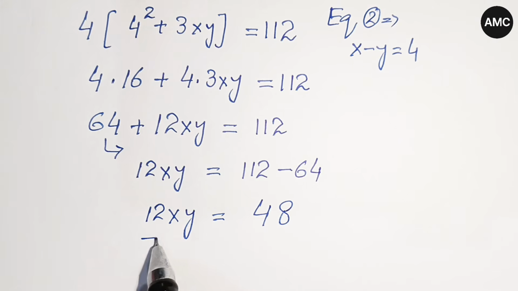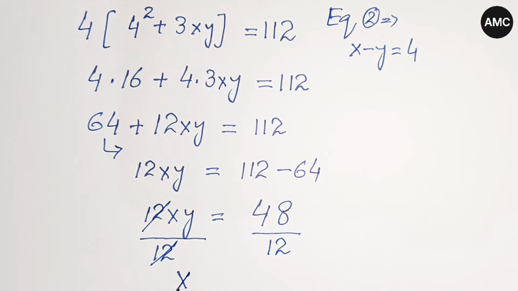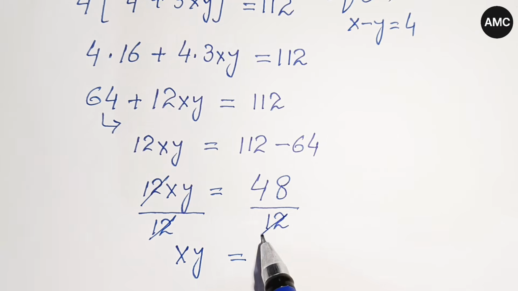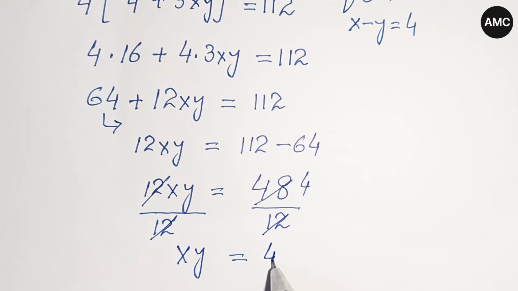If we divide the left hand side by 12 and similarly the right hand side by 12, this 12 can be cancelled out, and we get x times y is equal to 48 divided by 12, and 12 times 4 is 48. So we get 4. x times y is equal to 4. Let's say it is our equation number 3.